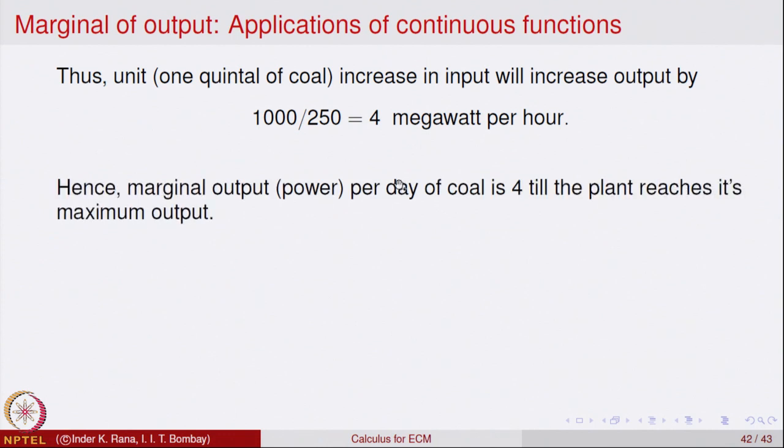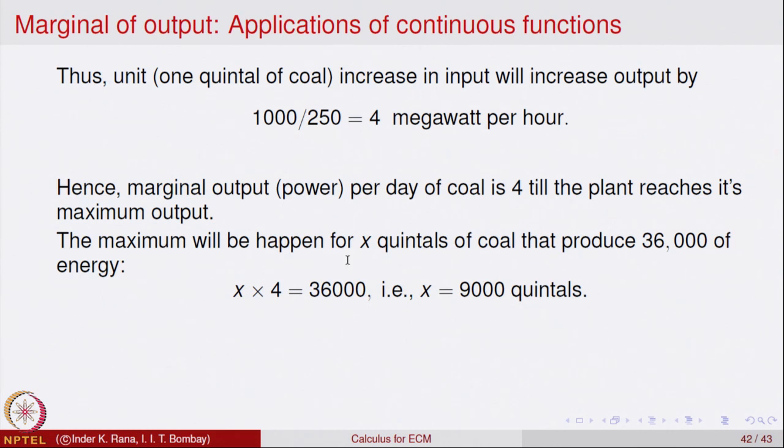What does that mean? That means that the marginal output for coal is 4 till the plant reaches its maximum output. So, for the thermal power plant, if we increase the input, that is coal, by 1 unit, the output increases by 4 megawatts per hour, till it reaches the maximum.